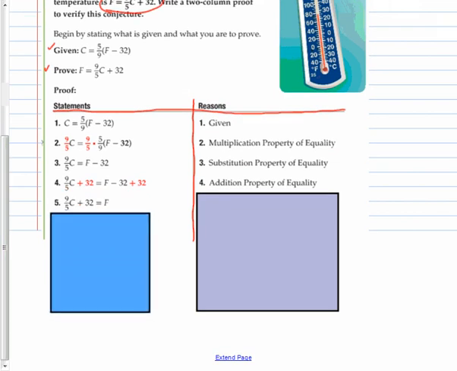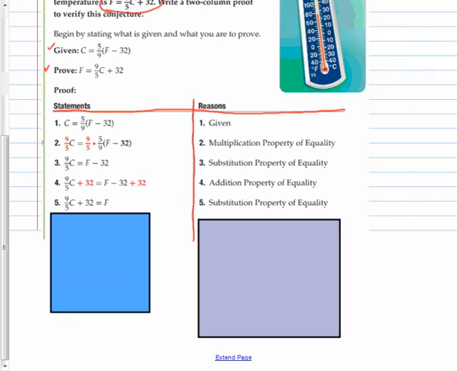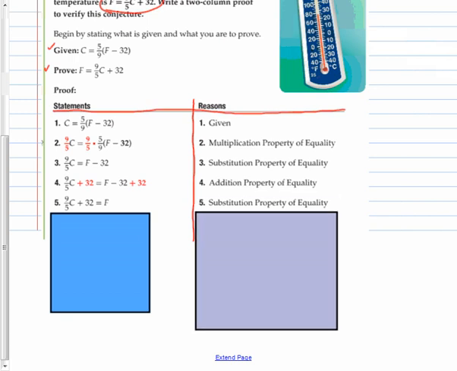Next, substitution. They replaced, the only thing really to replace is this negative 32 plus 32 with a 0, so all we see is F over there. And then, now, let me ask a question. Is this just like what we're trying to prove? No. What's different?